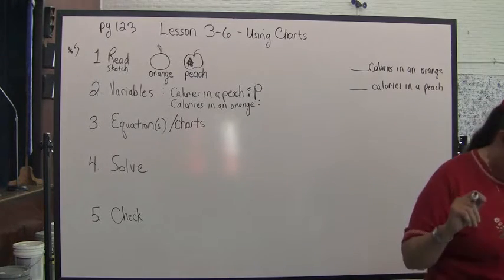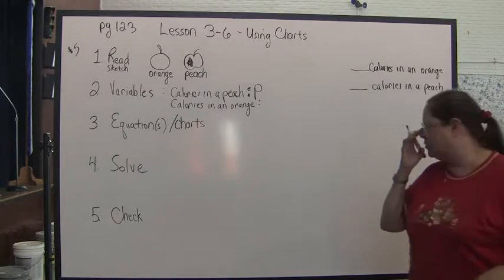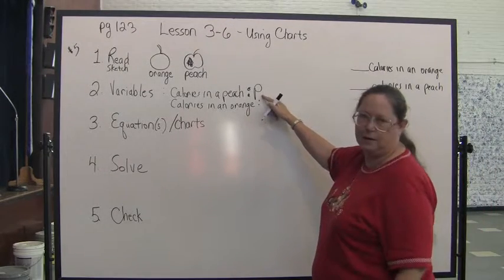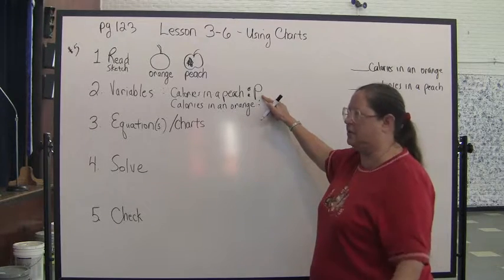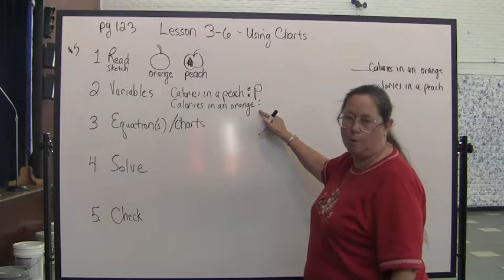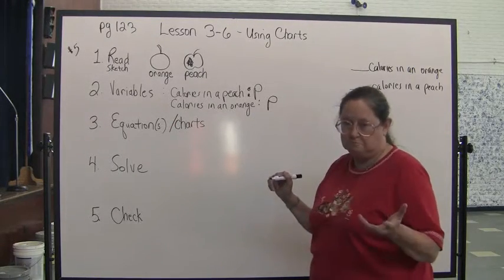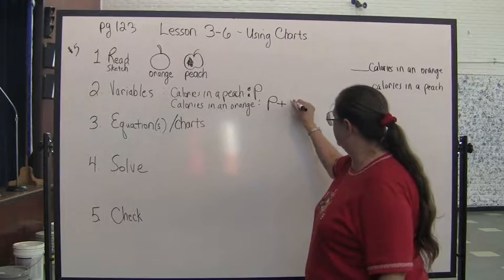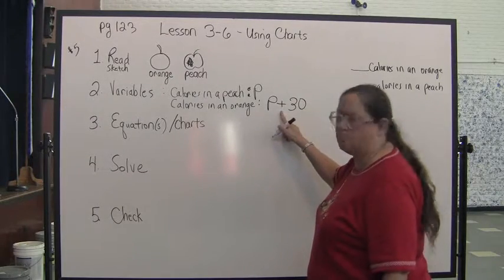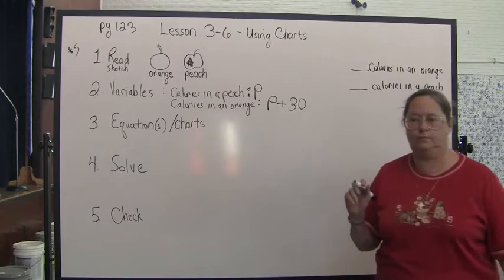Let's reread. It says, an orange has 30 calories more than a peach. So if a peach has P calories, maybe P is 10, maybe it's 30, an orange has 30 more. However many the peach has, which is P, we add 30 to that to get our calories in an orange.